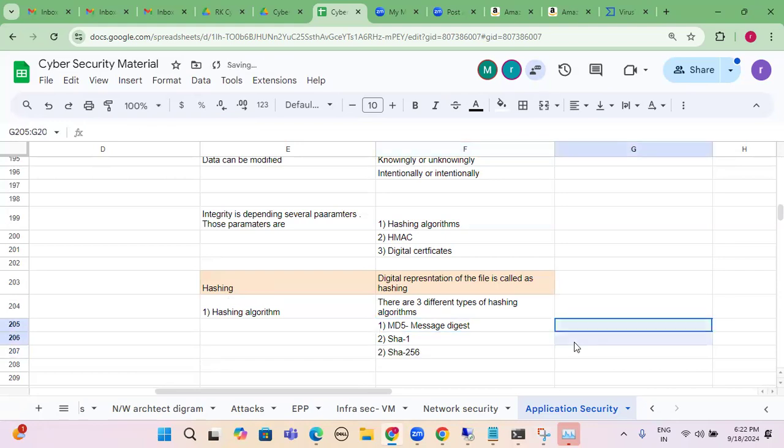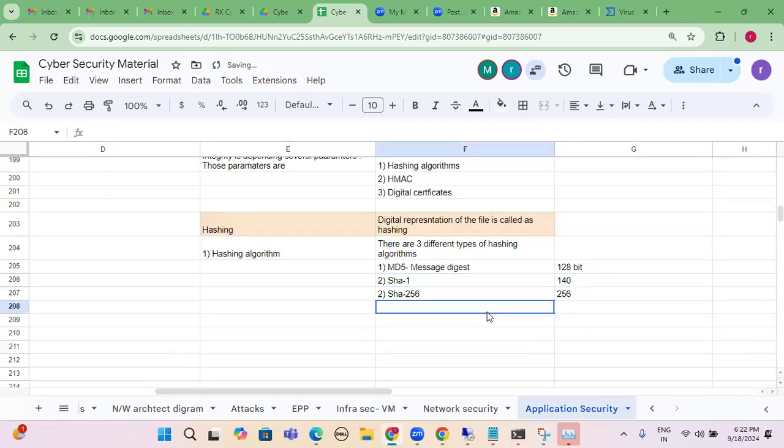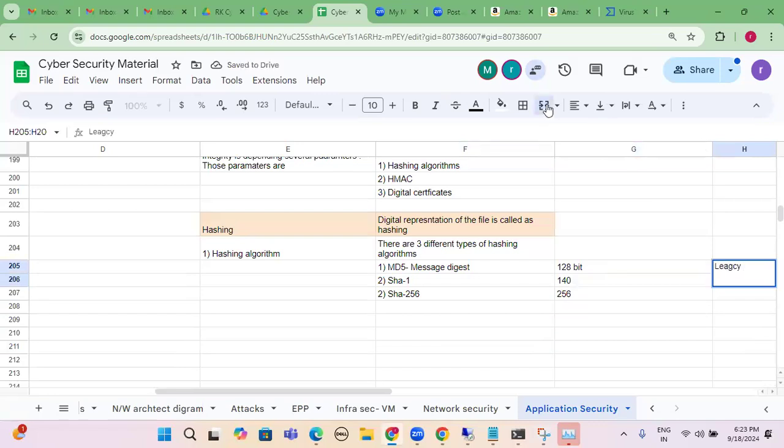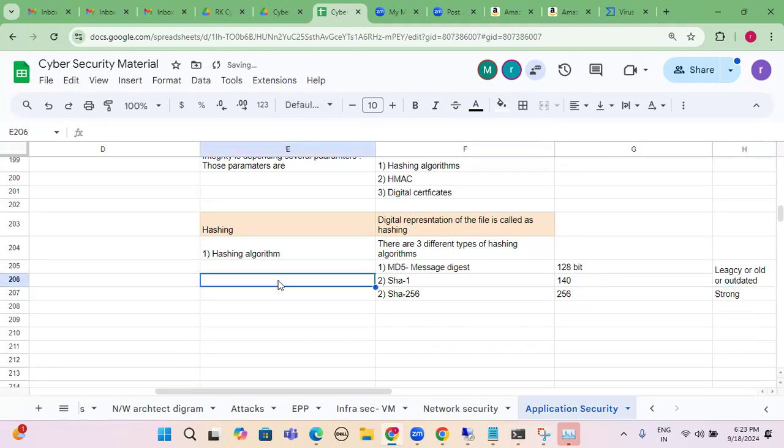These two are legacy. MD5 is 128 bit, SHA-1 is 160 bit, and this one is 256 bit. These two are old, outdated, legacy. The strongest hashing algorithm is SHA-256. So these are the hashing algorithms.